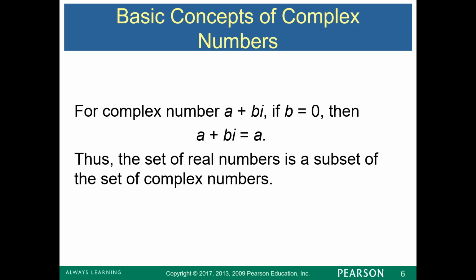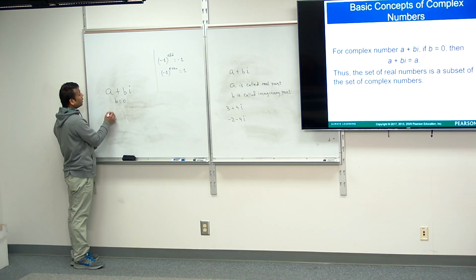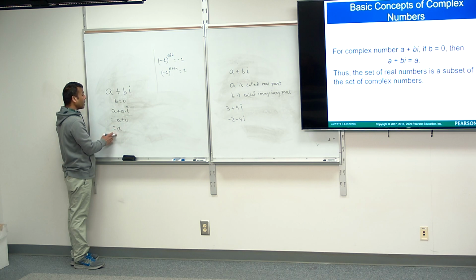So you see, for the complex number, if the imaginary part is 0, look here. You have a complex number A plus BI. So this B is the imaginary part. If B equals 0, then this will be A plus 0 times I, which is A plus 0, which is A, and this is a real number, right?